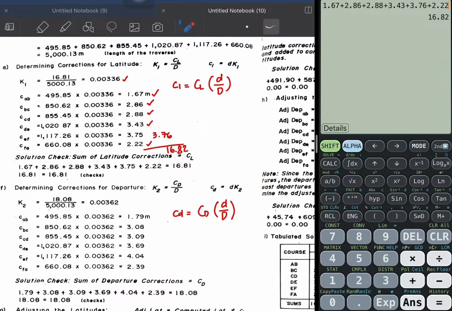That is if ever you have an excess number of correction. But if you have a lacking number of correction, you have in short number of correction, so you add the lacking number to the smaller values or the smallest value. Okay, so if ever you have your answer to 16.80, you are lacking of 0.01. So therefore, your 0.01 is to be added to the smallest value in your correction.